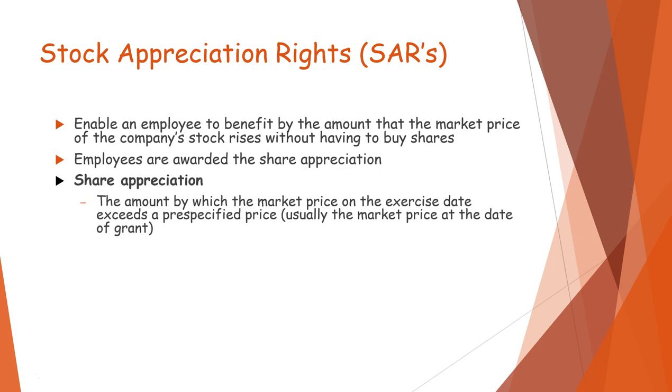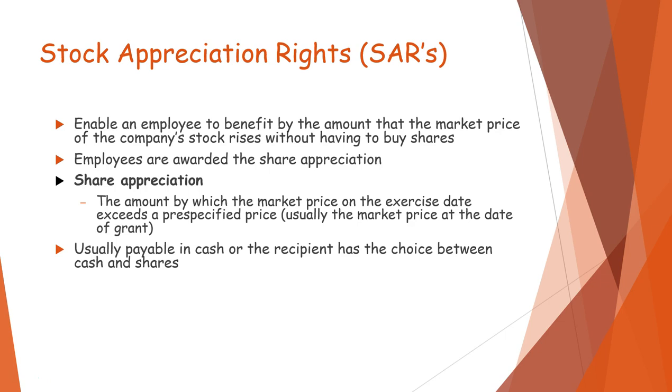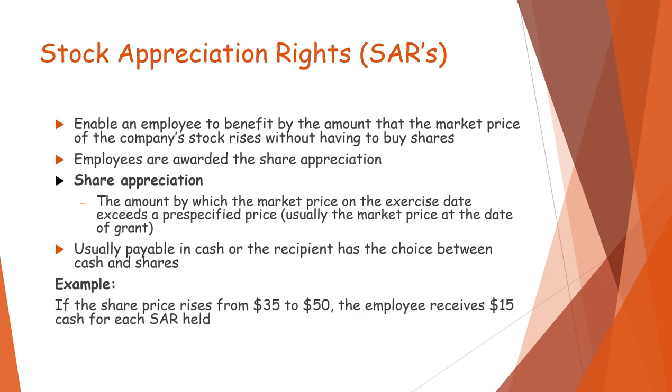So, the amount by which the market price on the exercise date exceeds a pre-specified price, usually the market price at the date of the grant, is usually payable in cash, or the recipient has the choice between cash and shares. For example, if the share price rises from $35 to $50, the employee is going to receive the difference of $15.